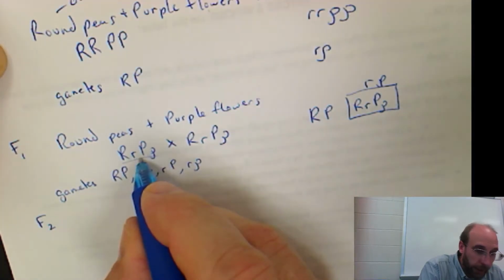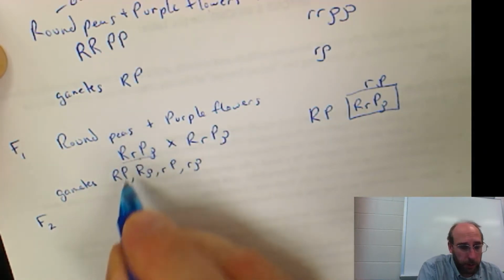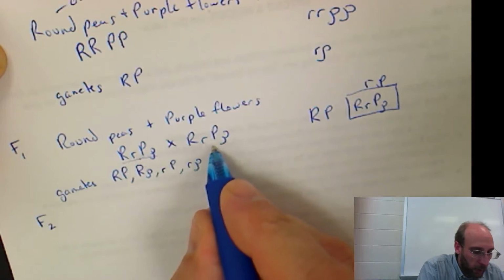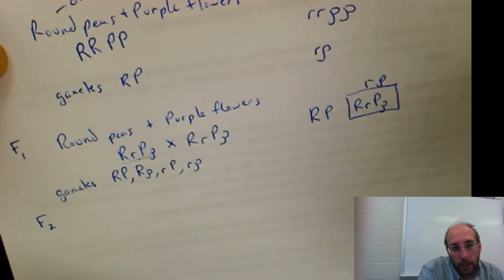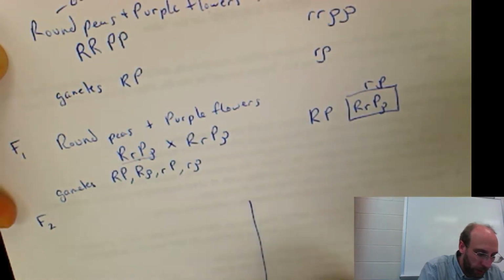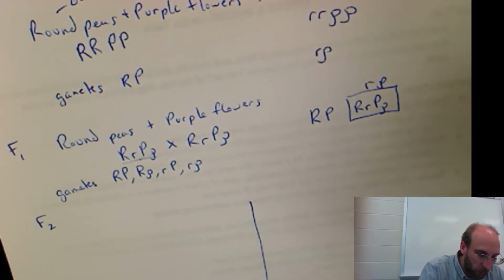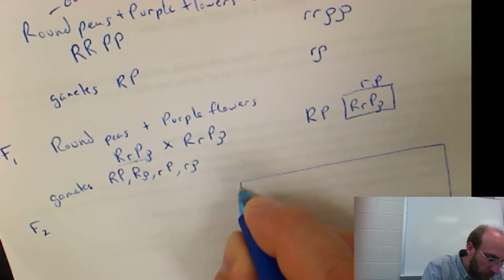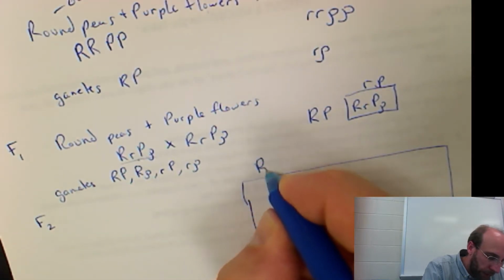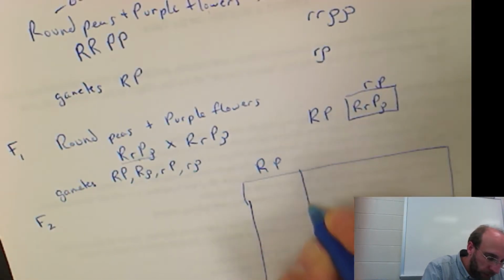So this parent produces these gametes. This parent also will produce the same gametes because it has the same genotype. So then we draw a Punnett square to show how this works. And for this parent, we use all the gametes that it produces.